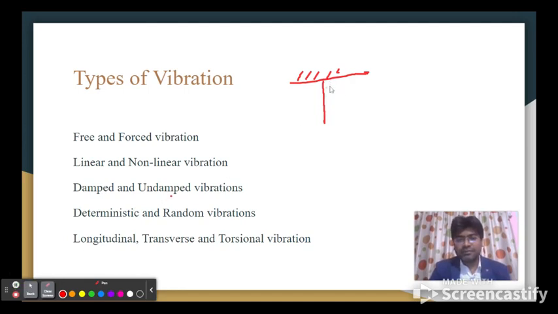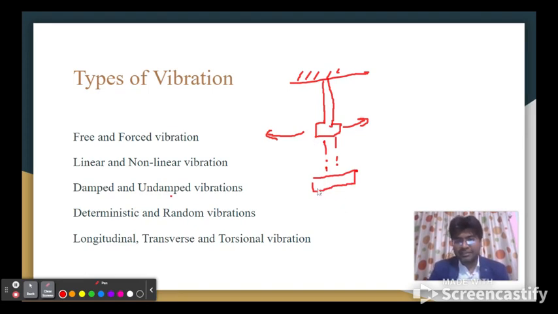Now, if this is a body over here and it is moving from here to here, this will be a transverse vibration. And if the same body is moving up and down, this will be your longitudinal vibration.